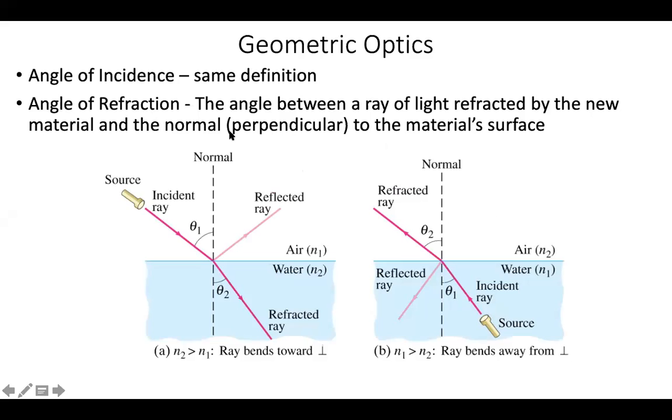This is what we just talked about, angle of incidence, angle of refraction, right, and the bending. And you can see some light gets reflected and some passes through and refracts. Here this time, slowing down, bends towards the normal, speeding up, bends away from the normal.